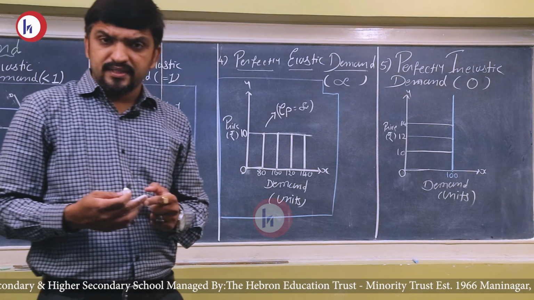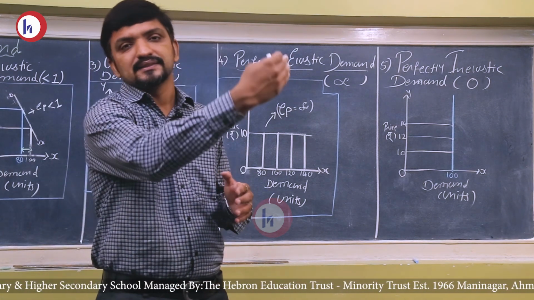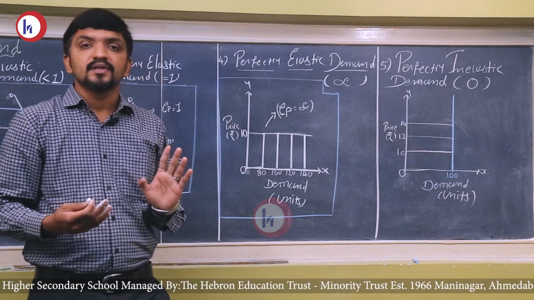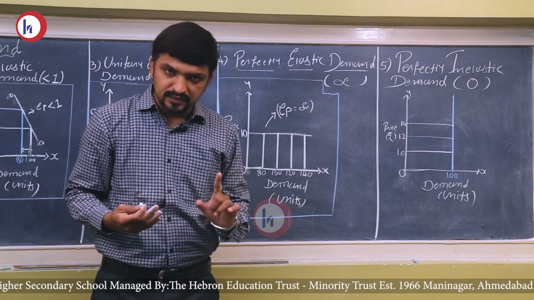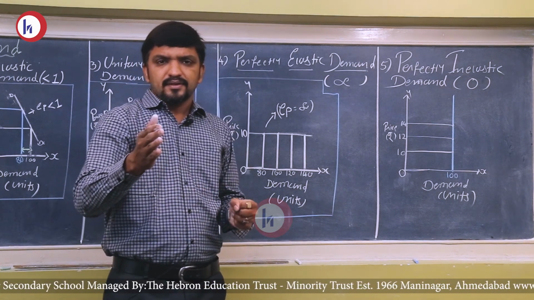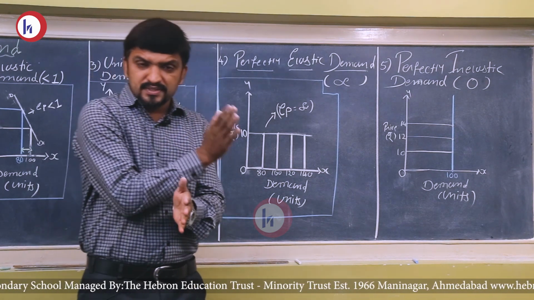See, price of rice, price of wheat, price of milk, if they increase, still we won't reduce the demand for the same. Now, when I am talking about a pouch of milk, it was available at rupees 7.